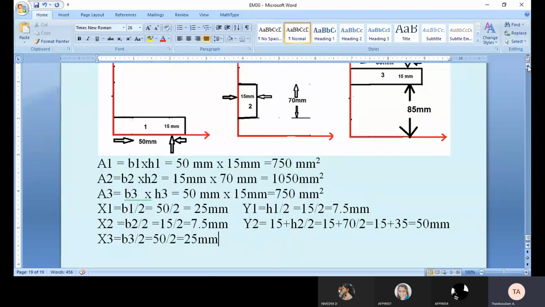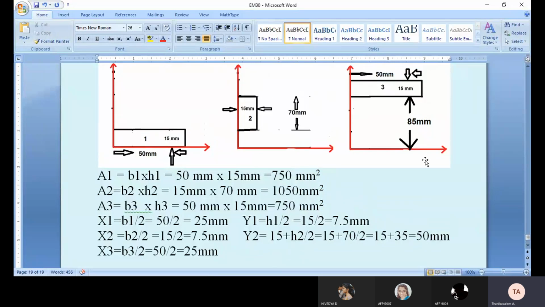Now see y3, students. How much is this away from the x-axis? 85. y3 is 85 plus h3 divided by 2.